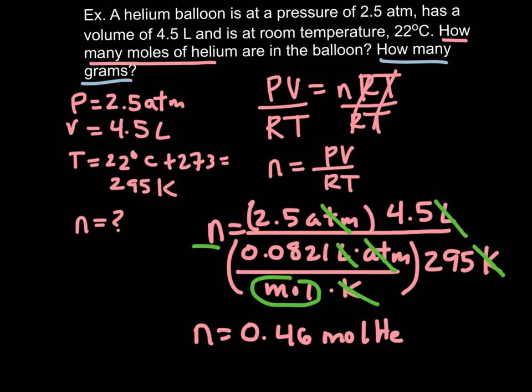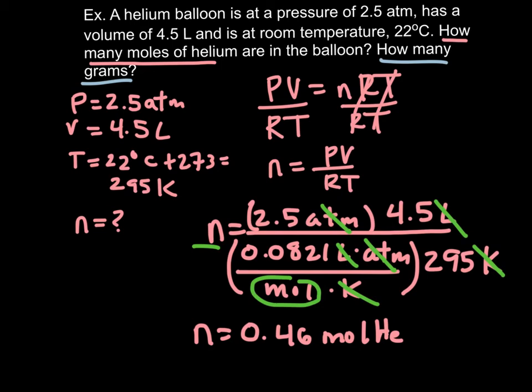Now, in your calculator, please check this. Make sure you actually get this answer. When you calculate, you're going to take 2.5 times 4.5, hit the division key, open a set of parentheses, then type in 0.0821 times 295, close the set of parentheses, and then hit enter. You should get the 0.46.